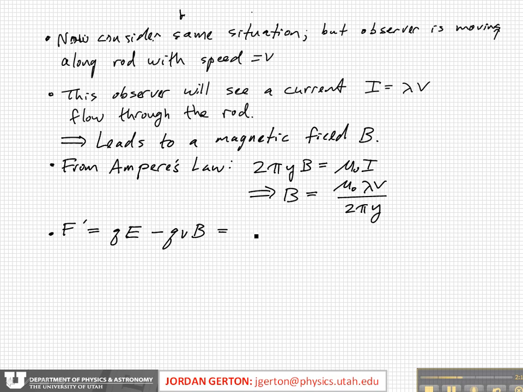So if we plug in for this, just from above, we get the charge times the charge density in the rod, and I guess just doing algebra, we're plugging in for the electric field part of the Lorentz force, which is the same as what we had before, and then there's this new part which comes from calculating the magnetic field.